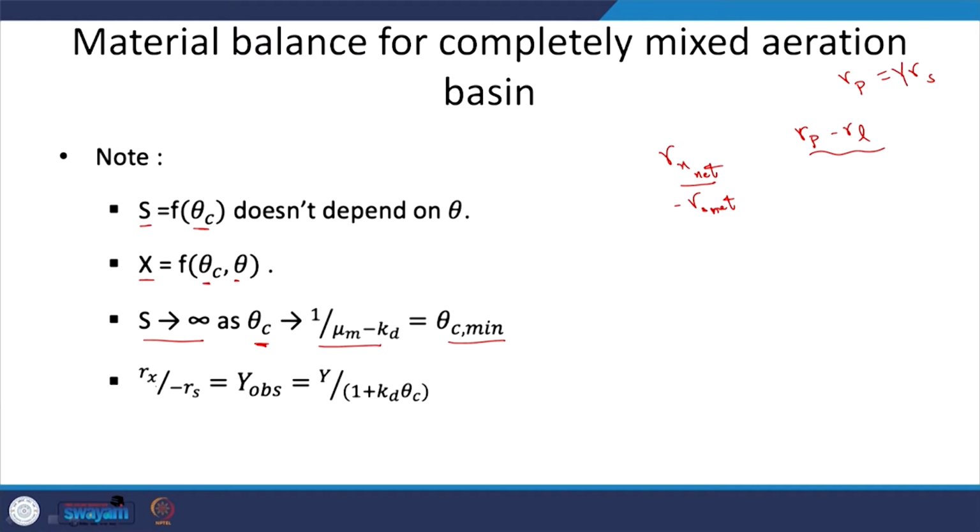Here if we are looking at Rx net by Rs, we get the Y observed, and that is nothing but, we can play around with the variables, pardon me, it will be Y by 1 plus Kd into theta C. Thus, you see that the decay coefficient or the decay term also comes into the picture, right. Here is the observed one, right.